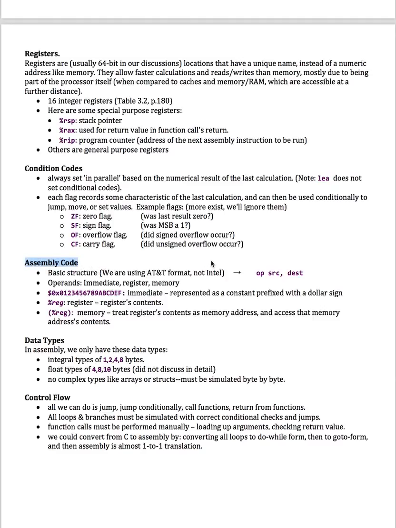The basic structure of assembly is as follows: we have an operation code followed by source and destination, which is the AT&T format. So we are learning AT&T format, not Intel.